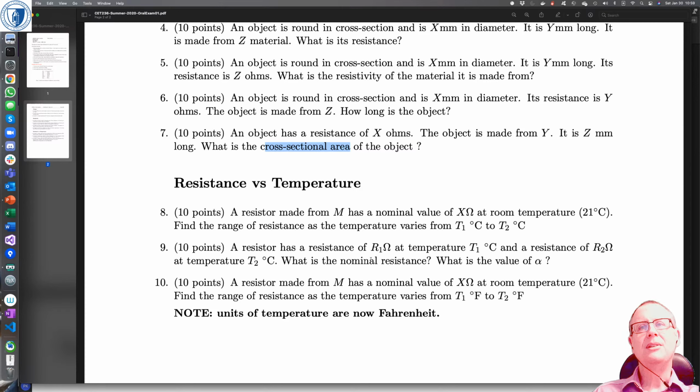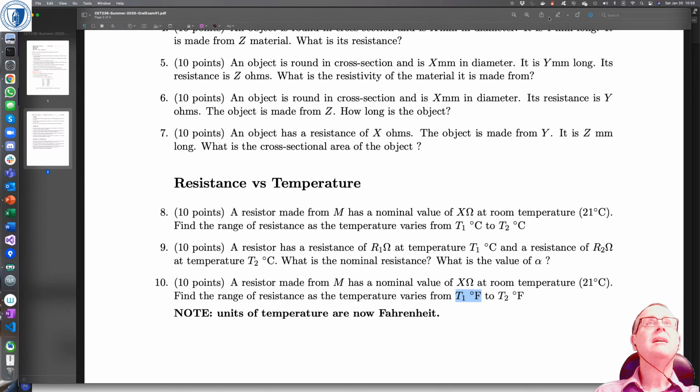And then question 10 here is a little bit trickier because the temperature is given in Fahrenheit, but the alpha value requires temperature to be in Celsius.